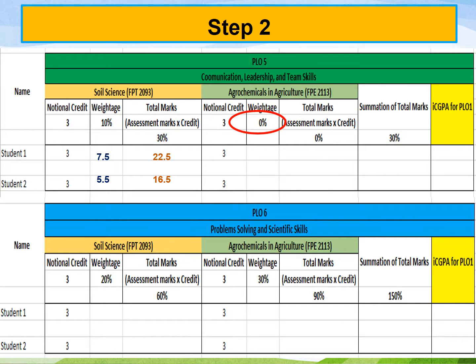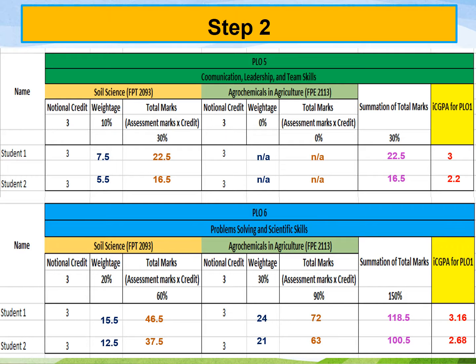So the summation of total marks only comes from the soil science subject. In PLO number 5, again, we can see that student number 1 obtained a higher iCGPA compared to student number 2. Similar calculation is performed for PLO number 6.